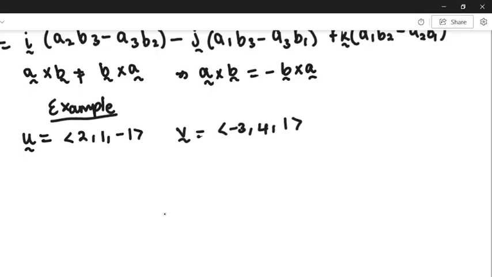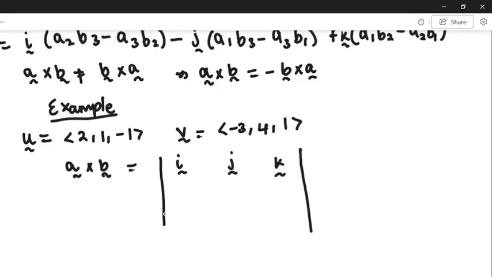If you have to get A cross B, you start with I, J, K, and here it is going to be U cross V, because you're using U and V. So we have 2, 1, negative 1, negative 3, 4, 1.